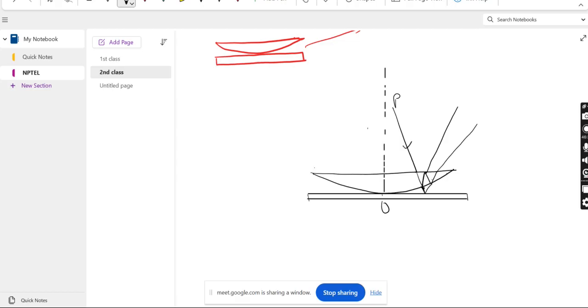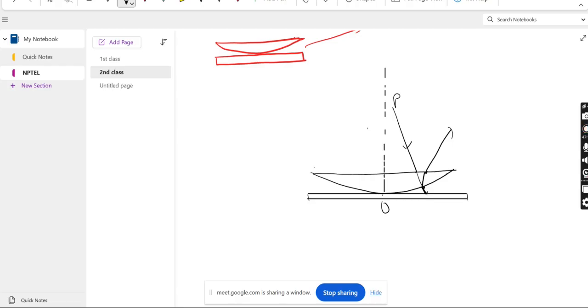We don't want to discuss what is happening inside the lens, so we don't worry about that. We are worried about this air film. So the light enters the air film at this point.